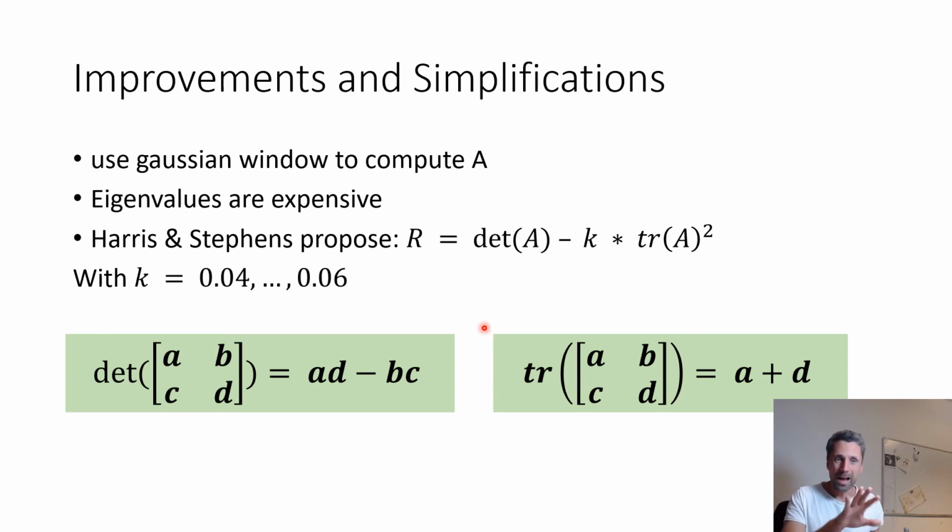Good. Now we have an R score, and we'll just threshold it to binarize windows, so image locations are either above a certain threshold for R, those are the corners that we want, or below this threshold, the ones that we disregard.